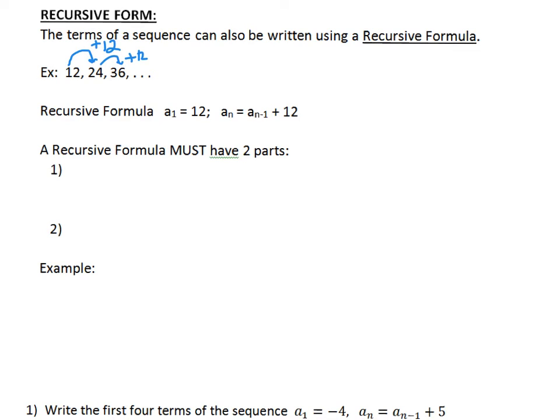So a recursive formula looks like the following. I have to be given the first term. In this case, the first term is 12. I also am given a way of getting the next term.